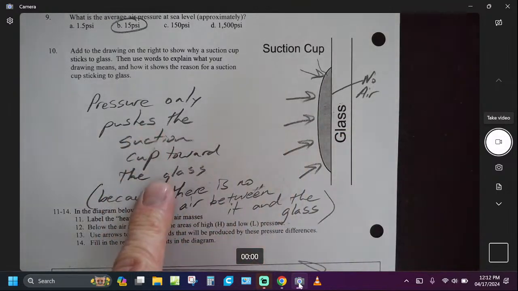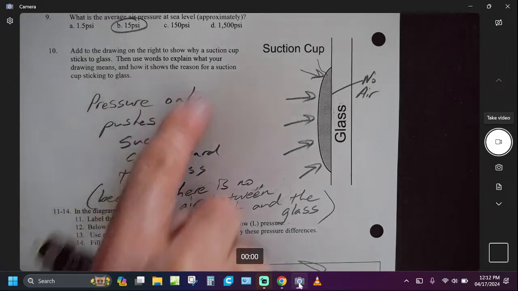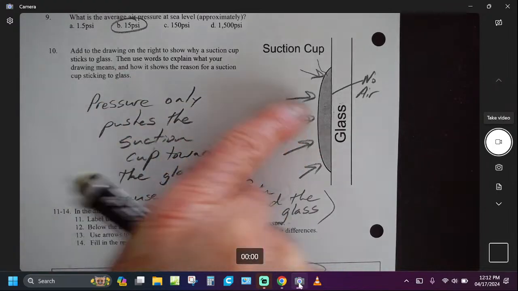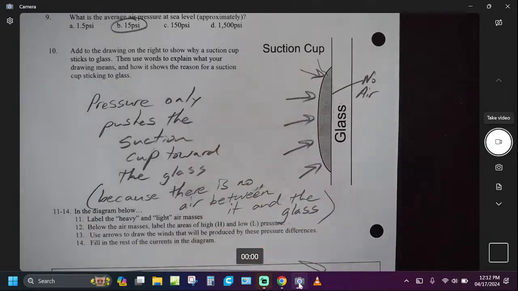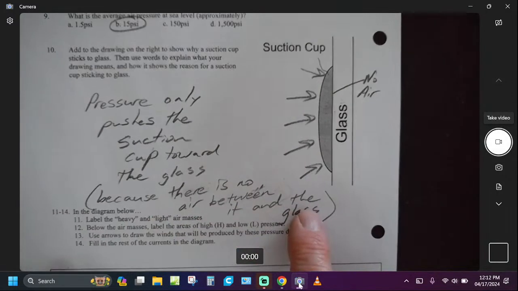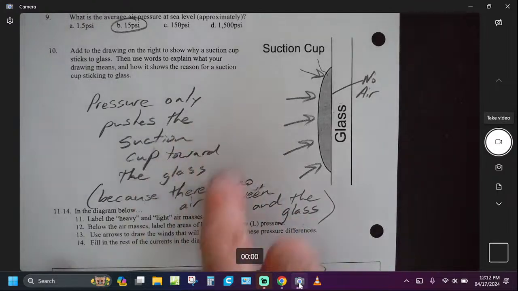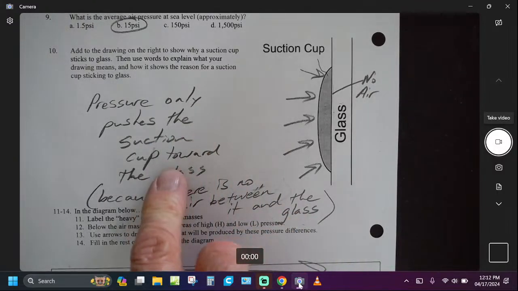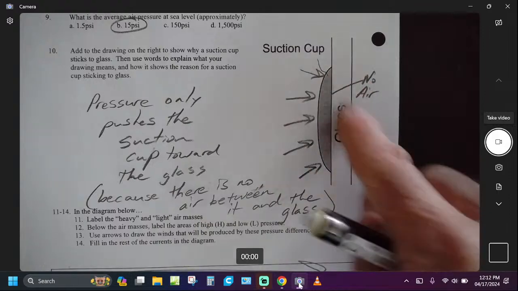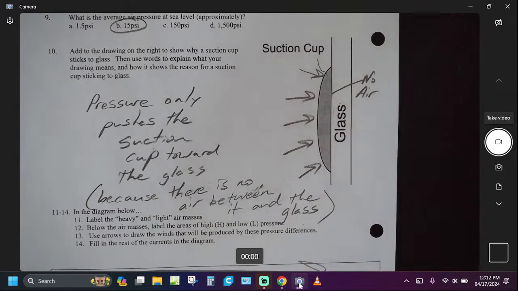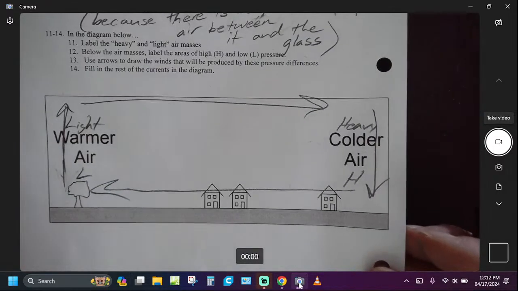And then over here, my words are, the pressure is only pushing the suction cup toward the glass. I also said, because there's no air between it and the glass. There are a few different ways you could get points for describing that. If what you say makes sense and gives me insight into why that's sticking to the glass, I'll give you credit. This part, I think, is all fine.